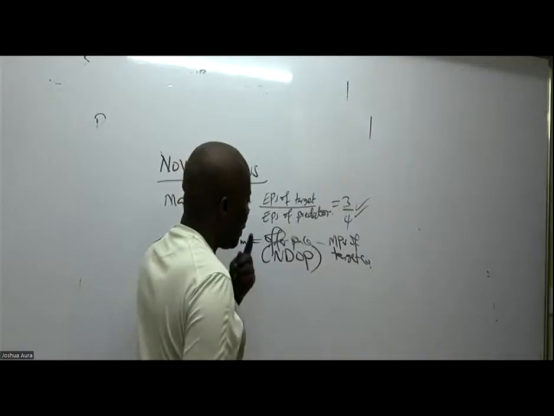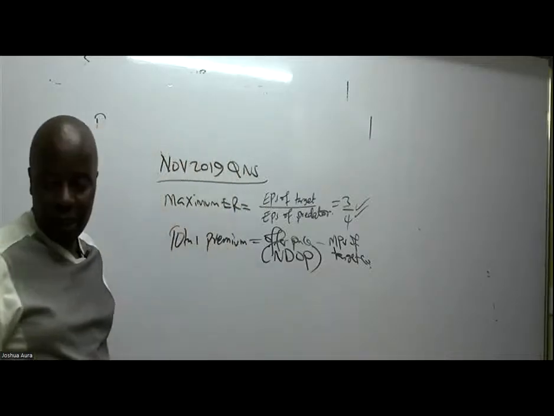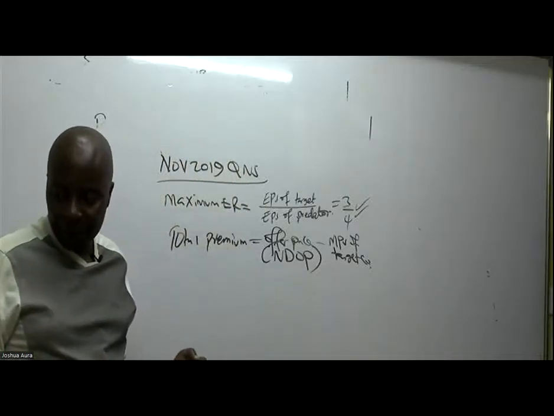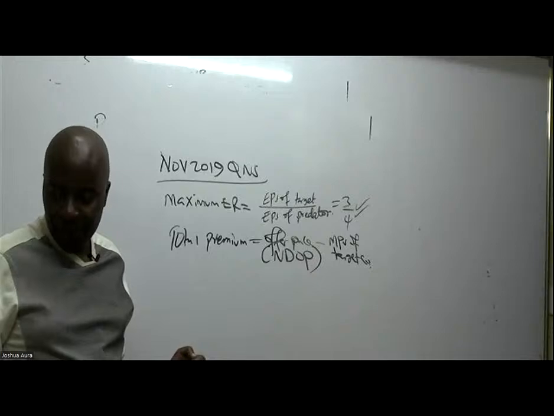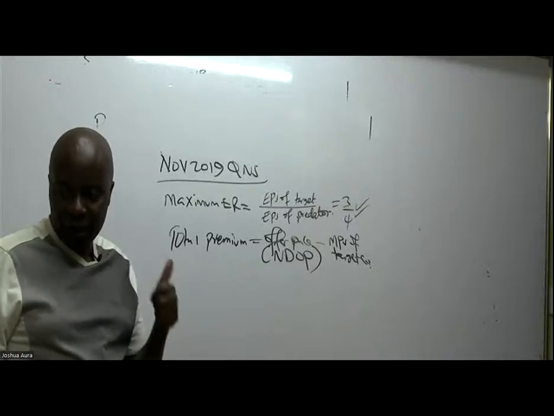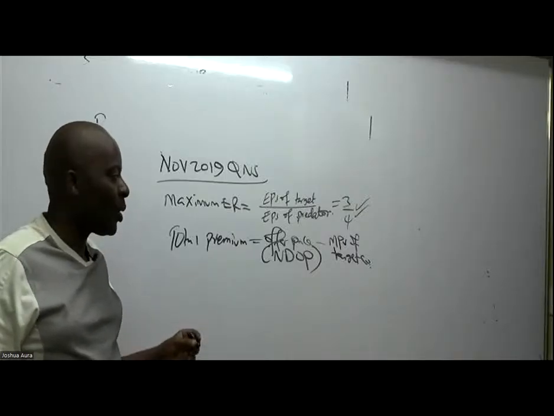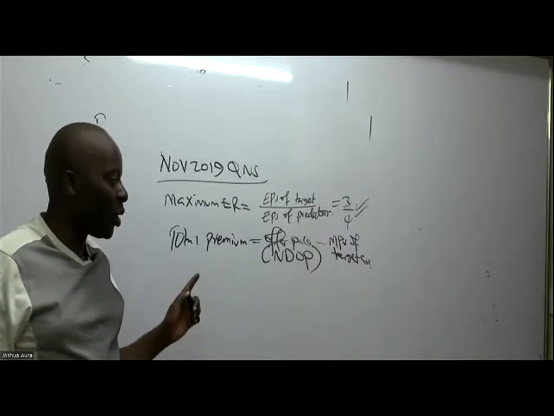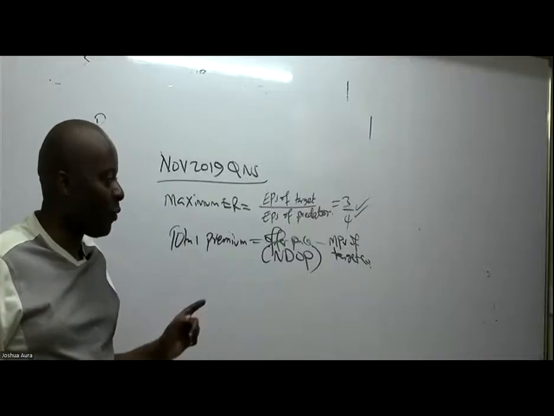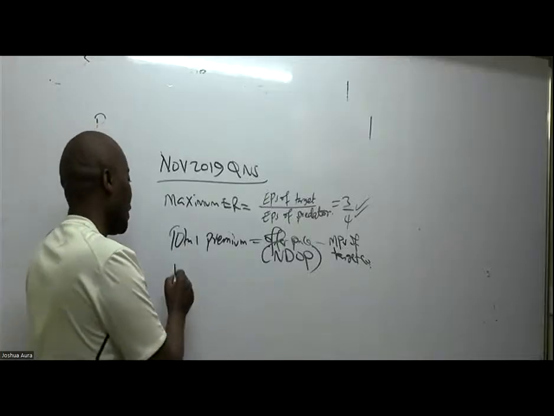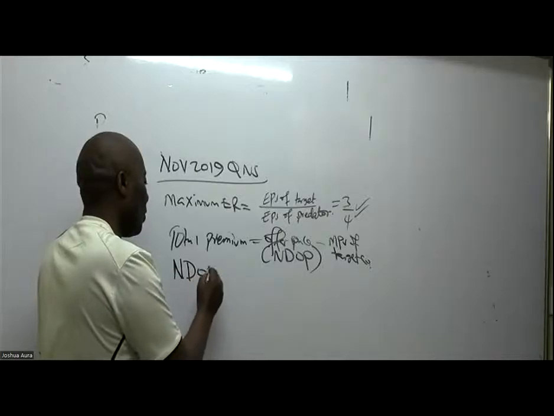DOP is a non-diluting offer price. Yes, I will share that video immediately after this. So in this case here, we have the offer price, which is the non-diluting offer price. And how do we get this non-diluting offer price?